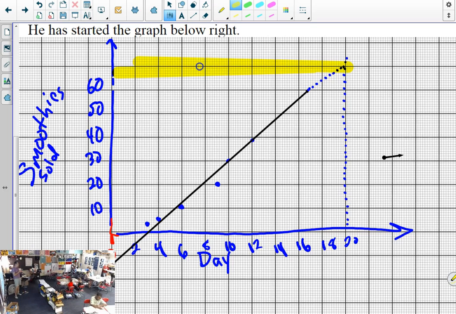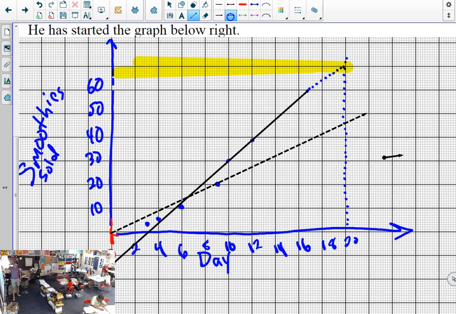Now, if I made my line of best fit start at the origin, and I said it had to start at the origin, then my line of best fit would look something probably more like that, right? Then my answer would be very, very different.